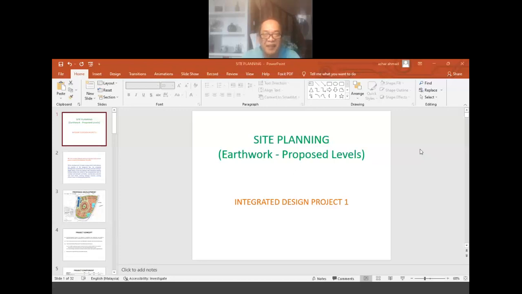Then the earthwork department will proceed to the second trial, percubaan yang kedua, where the intention is to reduce the cost. To reduce the cost would need the earthwork department to re-look at certain levels.